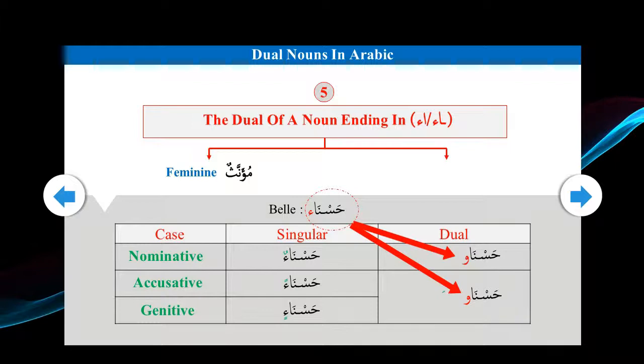To form the dual, the Hamza at the end changes to waw, and then the dual suffix is appended. So we get حسناواني in the nominative case, and حسناوين in the accusative and genitive cases.